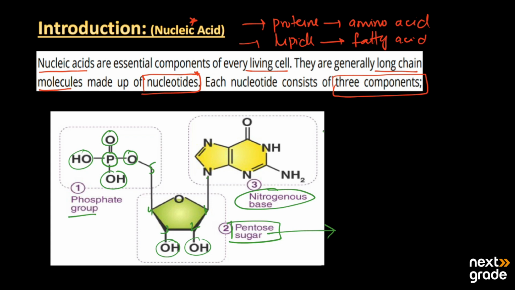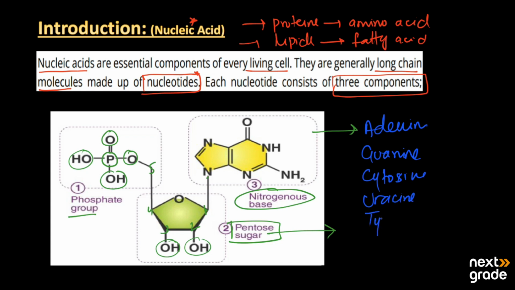If we talk about the nitrogenous bases, here mainly five nitrogenous bases make up the nucleic acids: we have adenine, guanine, cytosine, uracil, and the last one, thymine.